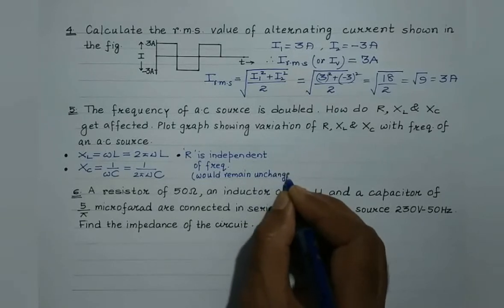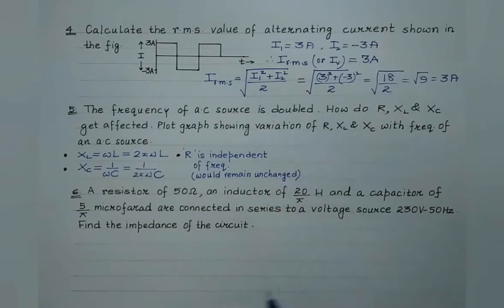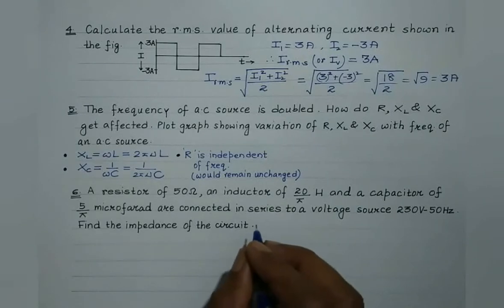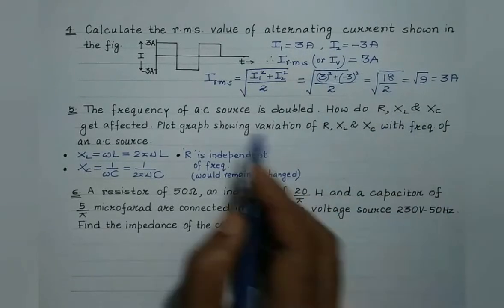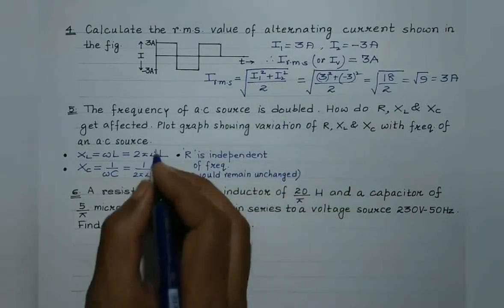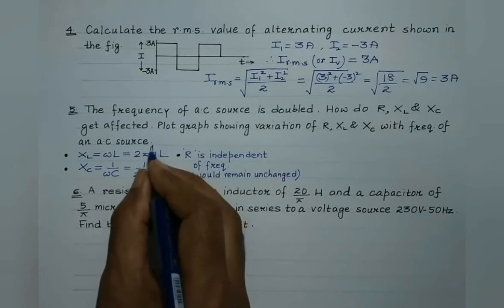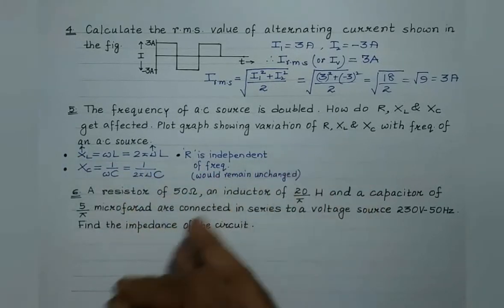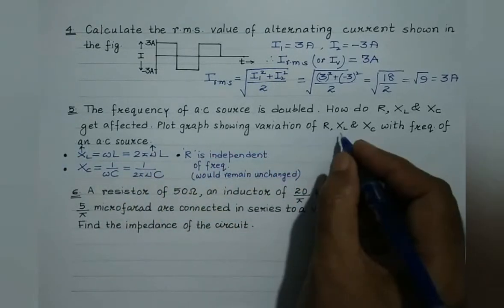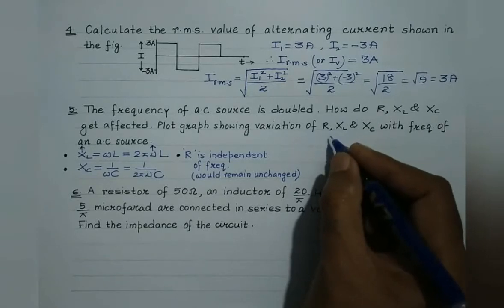It won't have any effect on the change in the frequency of the AC source. While on the other hand, let's consider XL. The frequency of the AC source is doubled. If the frequency is made 2 times, the inductive reactance will also become twice, right? So XL will become twice.